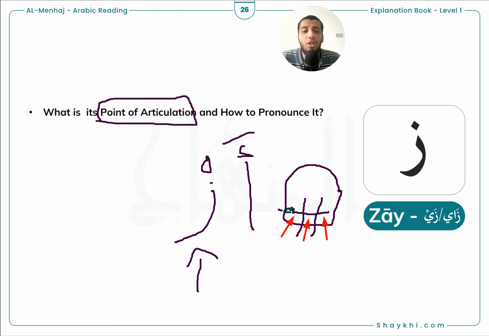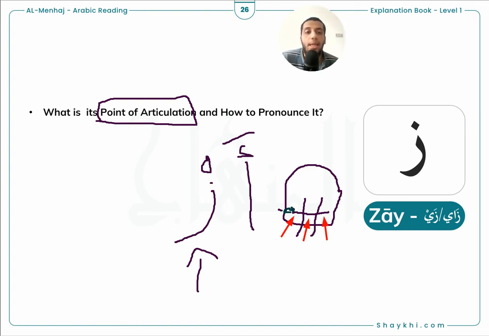Allah subhanahu wa ta'ala in the Holy Quran says: زُيِّنَ لِلنَّاسِ حُبُّ الشَّهَوَاتِ مِنَ النِّسَاءِ وَالْبَنِينَ إلى آخر الآية. So زُيِّنَ.